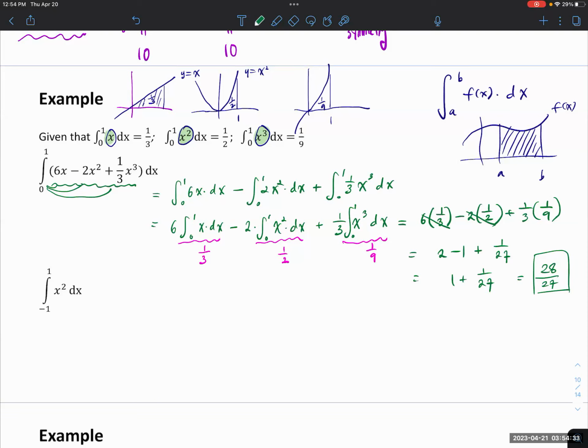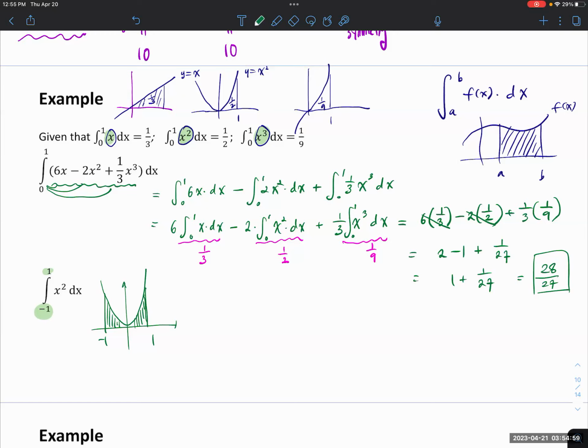So x to the second power. Actually, we already know this is 1/2 from 0 to 1. But we are looking for where to where? -1 to 1. So we are looking for this area. This one we call the even function.